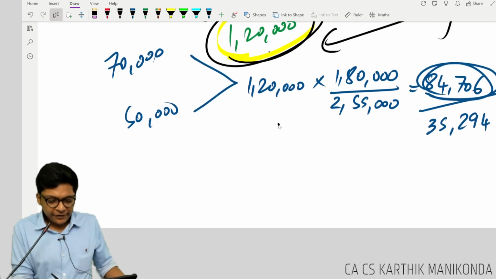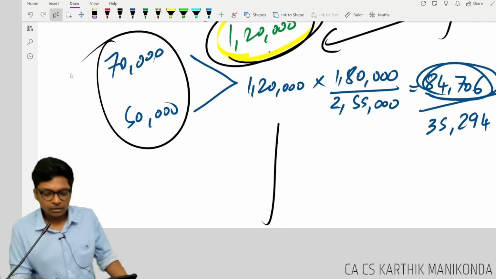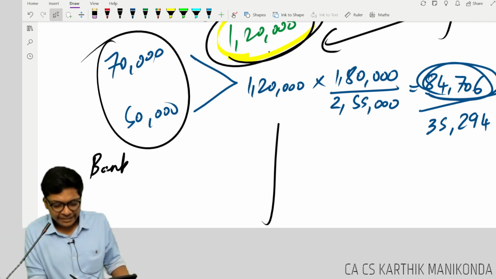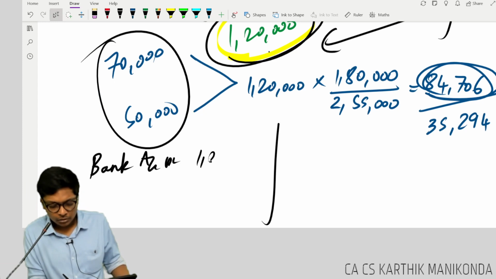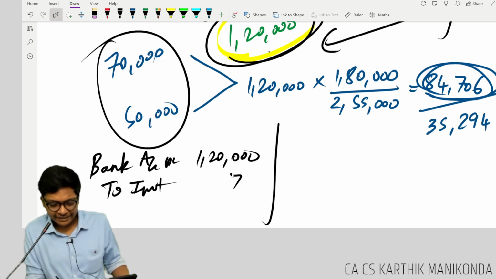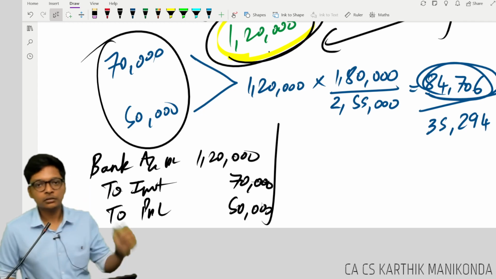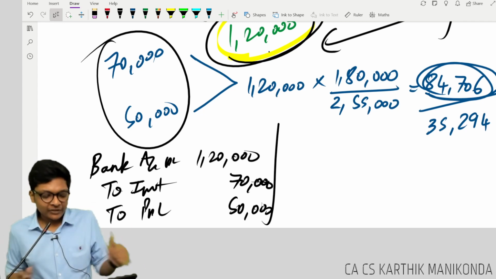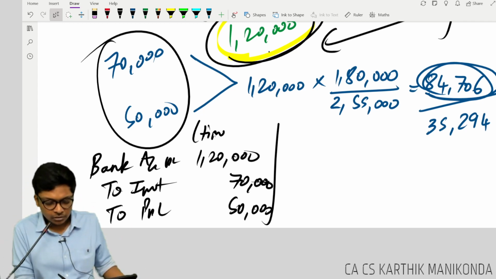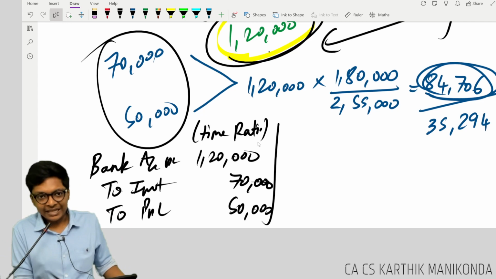Now, how will my entry change? Follow. If it's going to be in ratio again, my entry will be anyway bank account debit 1,20,000 to investments 70,000 to P&L 50,000. Correct? This is if I use time ratio.